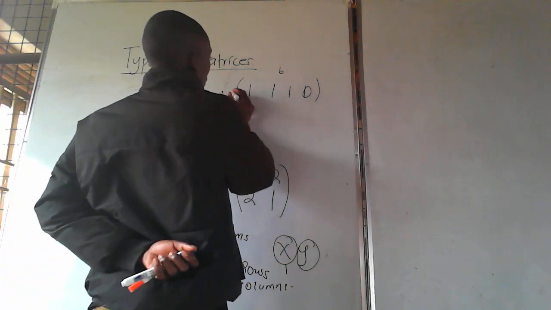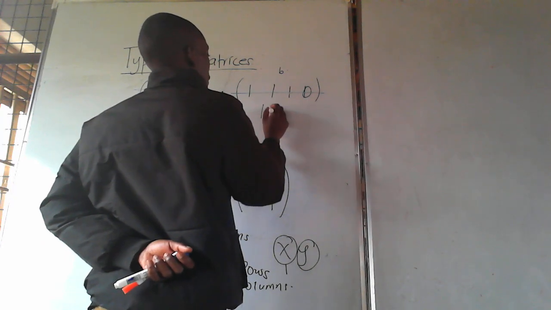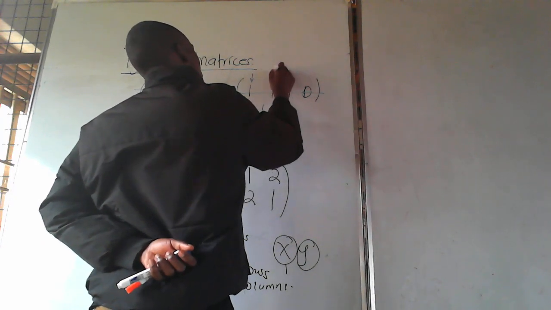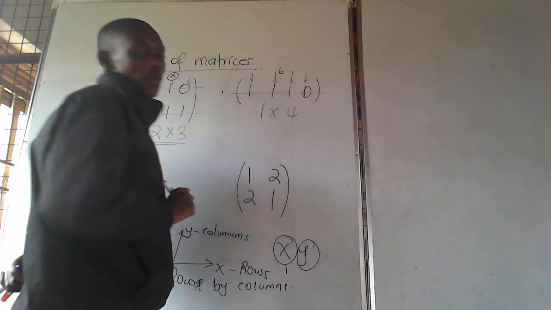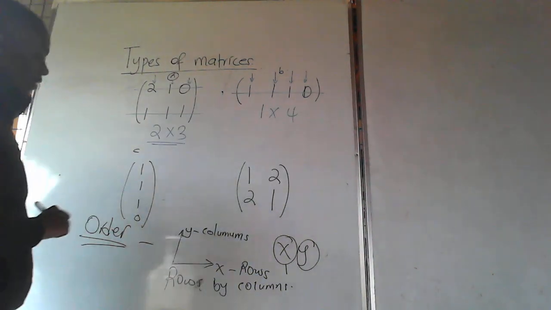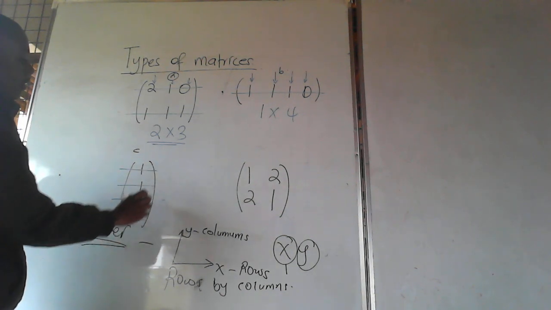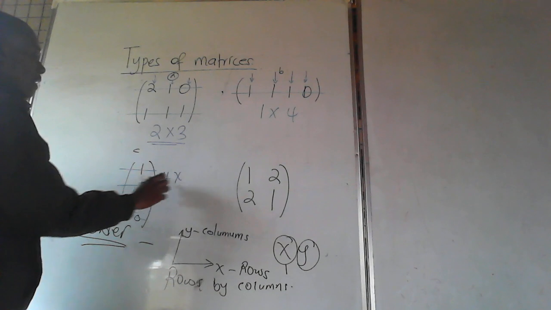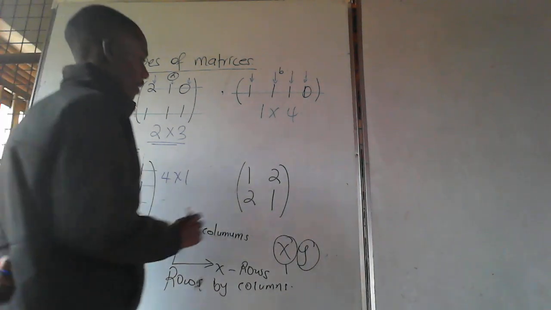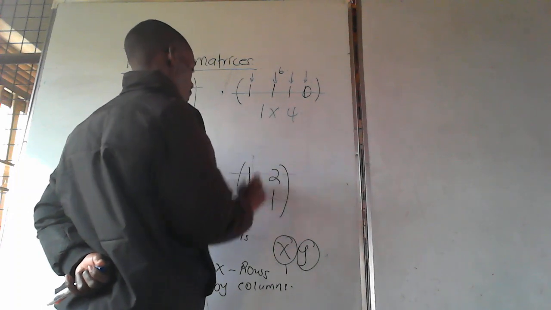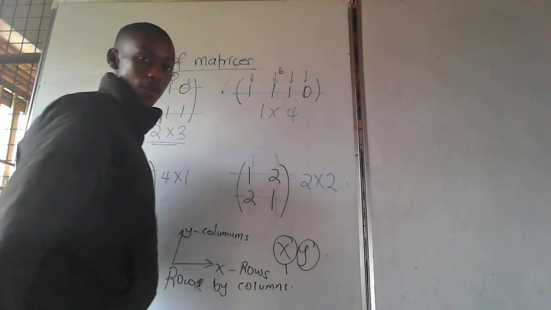Then this is 1 row by 1 2 3 4 columns, so 1 by 4. Now when you come at this, it is 1 2 3 4 rows, so this is a 4 by 1 matrix. Then when you come at this, this is 1 2 by 1 2. This is a 2 by 2 matrix.